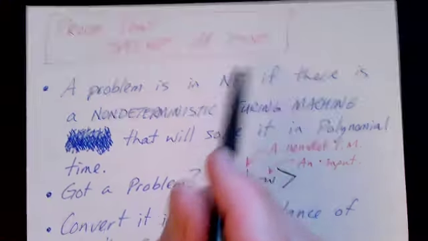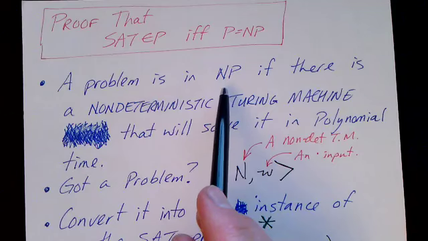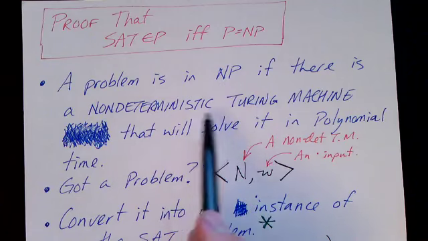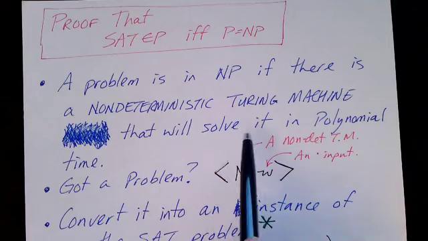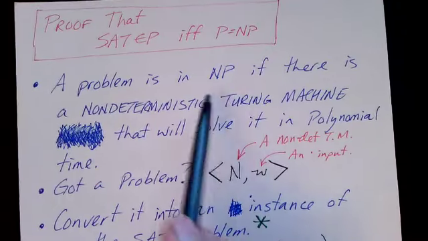So let's look more carefully here at what NP is. A problem is in the class NP if there is a non-deterministic Turing machine that will solve it in polynomial time. So what does a problem in NP look like?